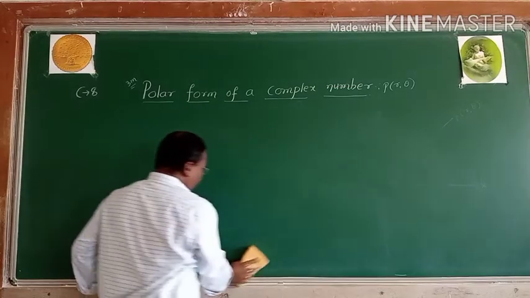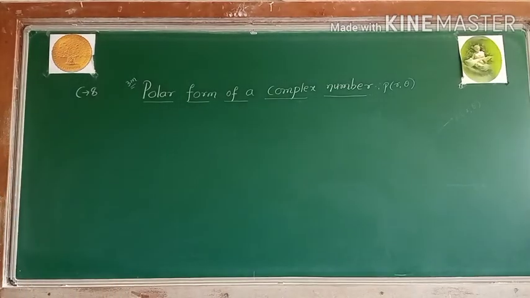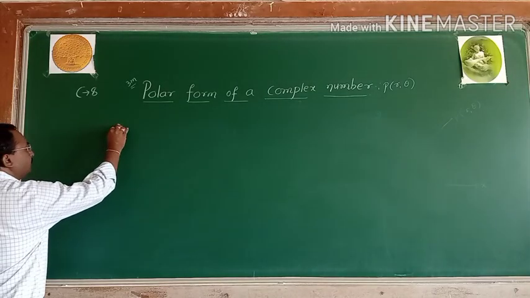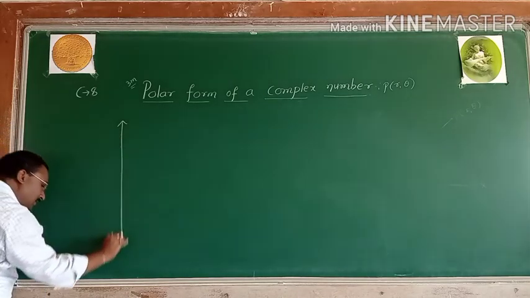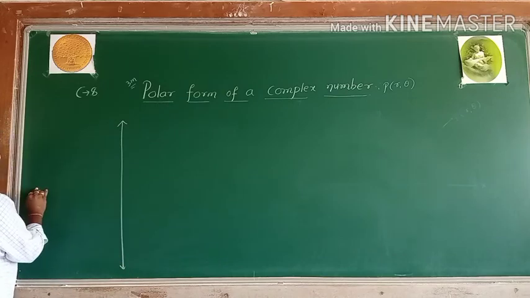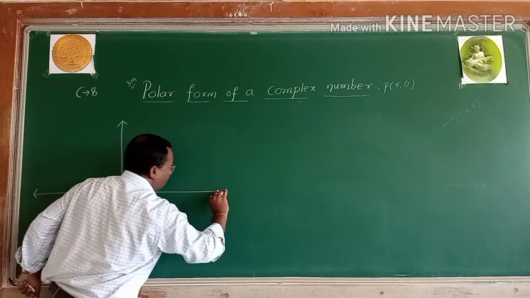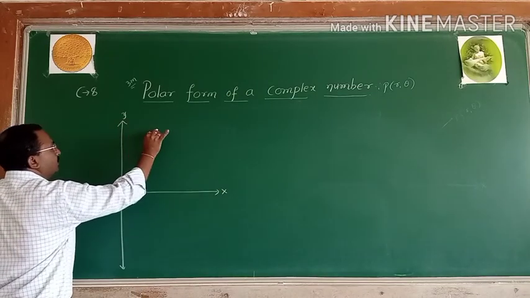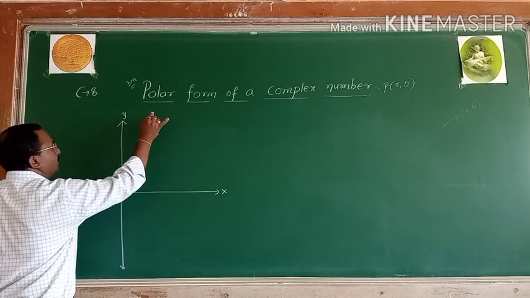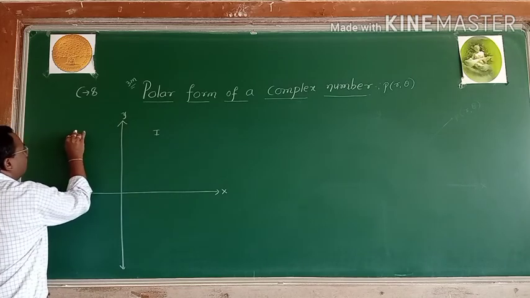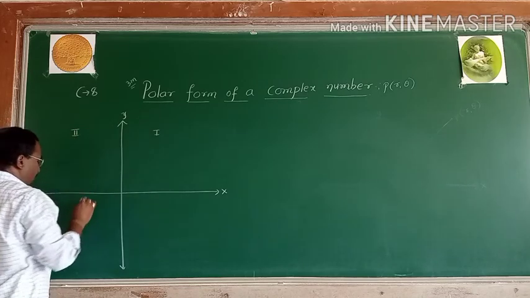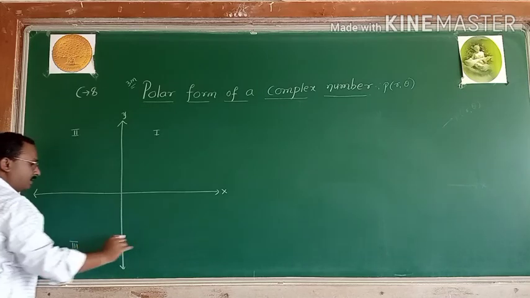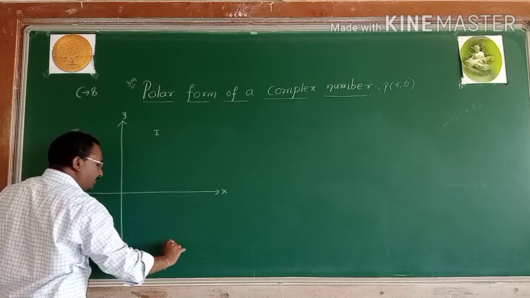With x and y axes, this is the first quadrant, this is the second quadrant, this is the third quadrant, this is the fourth quadrant.